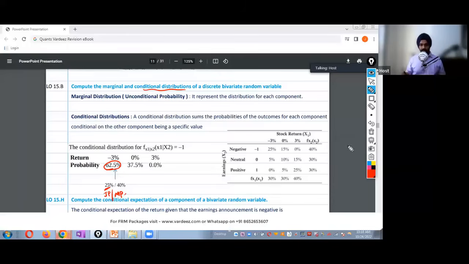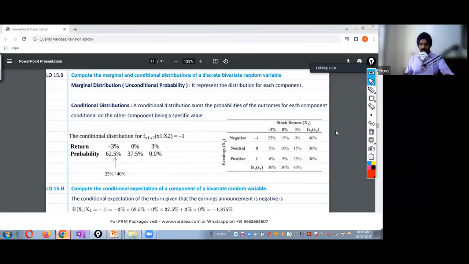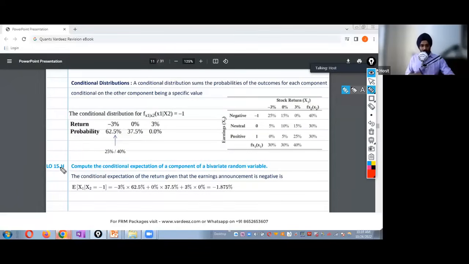That's how I can find the conditional distribution. Okay. Now there's a related topic, which is 15H, the learning objective, and that says to compute the conditional expectation of a component of a bivariate random variable. That means first we need to compute the conditional distribution like this, and then we need to take the conditional expectation.